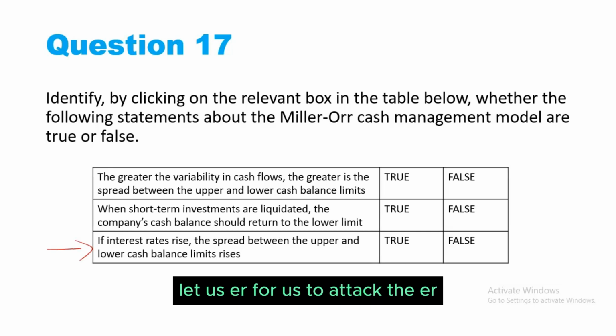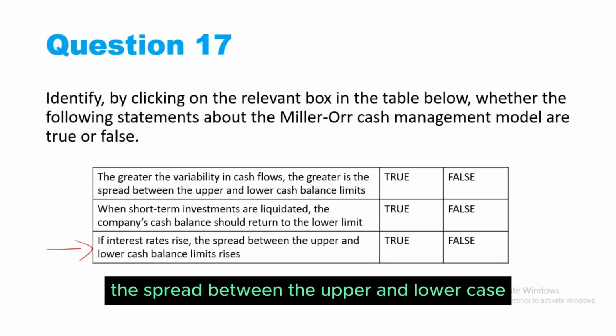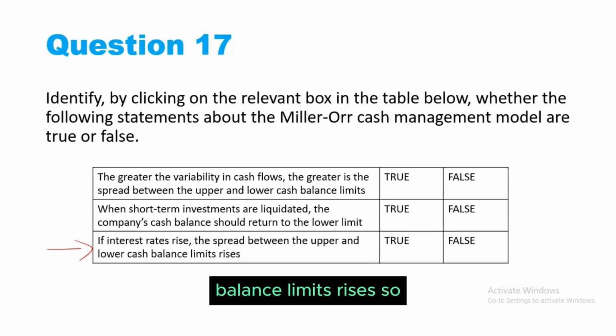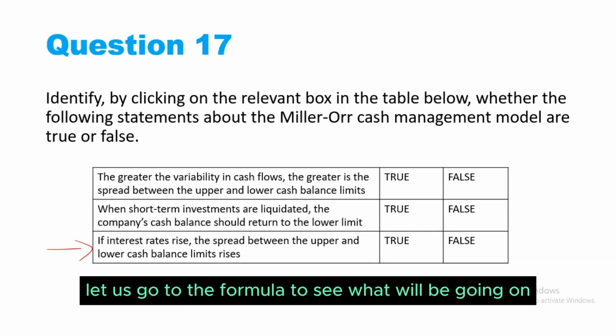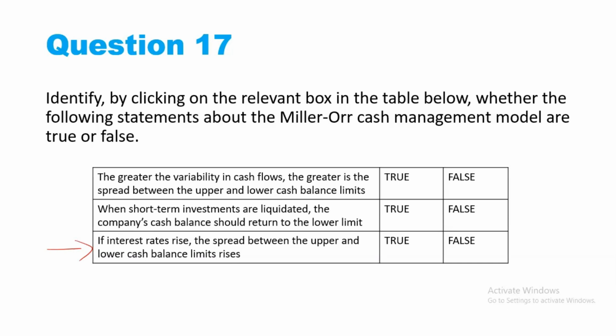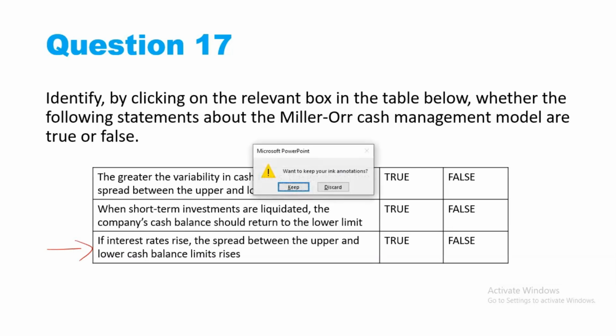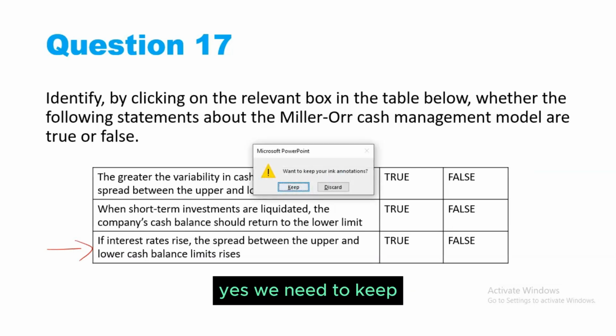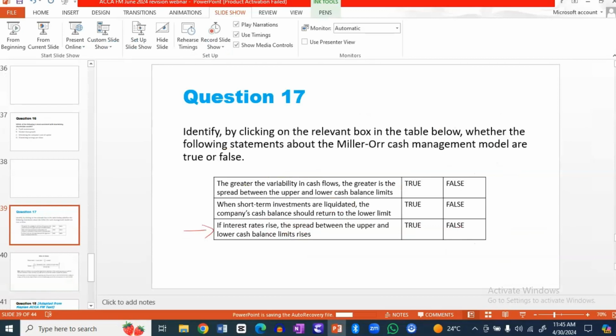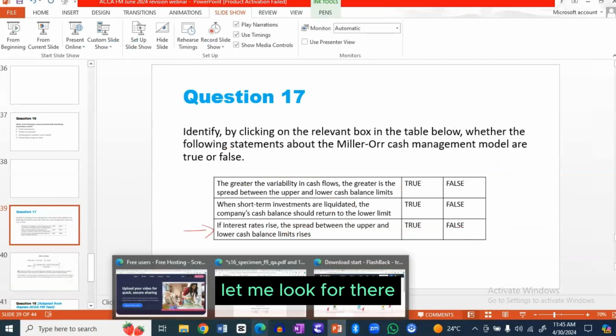For us to attack this statement, if interest rates rise, the spread between the upper and lower cash balance limits rises. So let us go to the formula to see what will be going on.